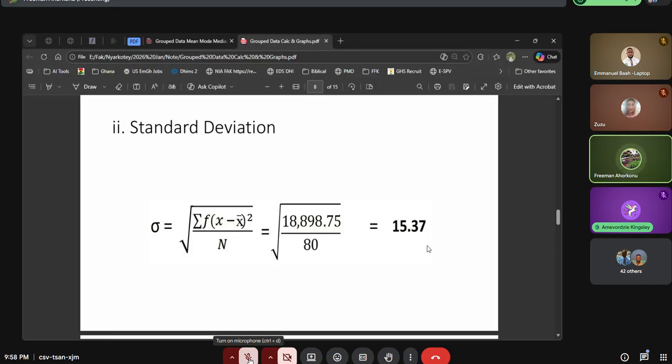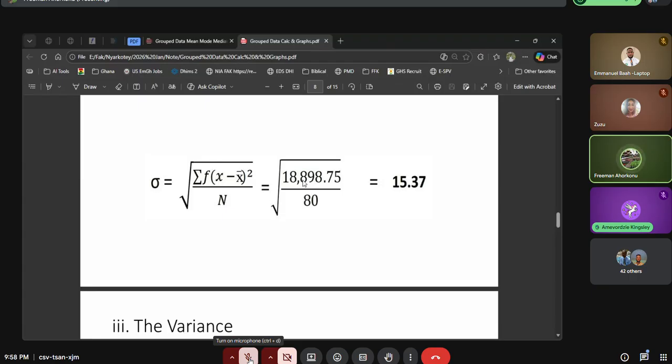The standard deviation, in fact, when you calculate 18,898.75 divided by 80 without taking the square root of it, whatever answer you get is the variance. So when you find the square root of the variance, you get the standard deviation. So this whole thing without the square root is the variance.